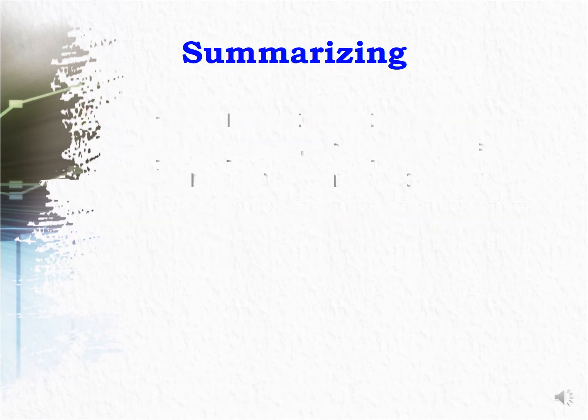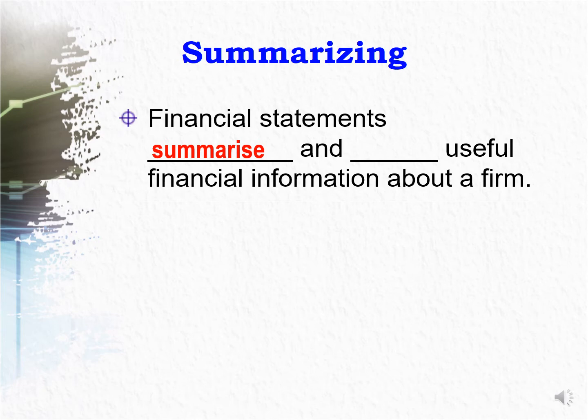For summarizing, the financial statements summarize and report useful financial information about the firm. If we just record all the transactions in the ledgers day by day, we don't know how much profit or loss we get for the whole year. So after one financial year, we need to summarize all the transactions and prepare the financial statements to calculate how much income we get and how much expenses we pay, and then we can get the profit or loss.